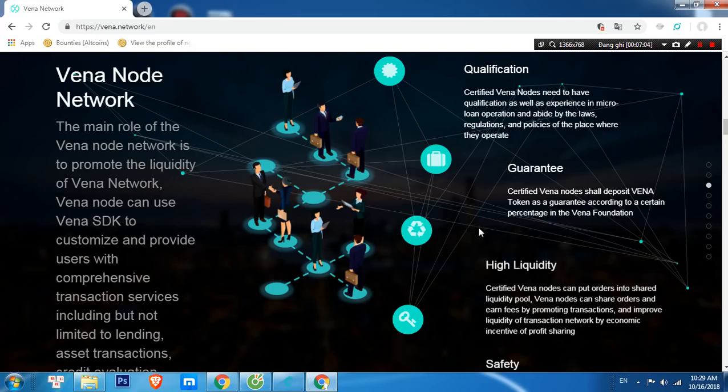Therefore, the market has a clear channel to appraise credit indicators involving any specific operator or layer, transaction disputes and etc. The Vena protocol uses a mixed technology that they call off-chain relay, on-chain settlement, to achieve a balance between efficiency and security in asset exchange.